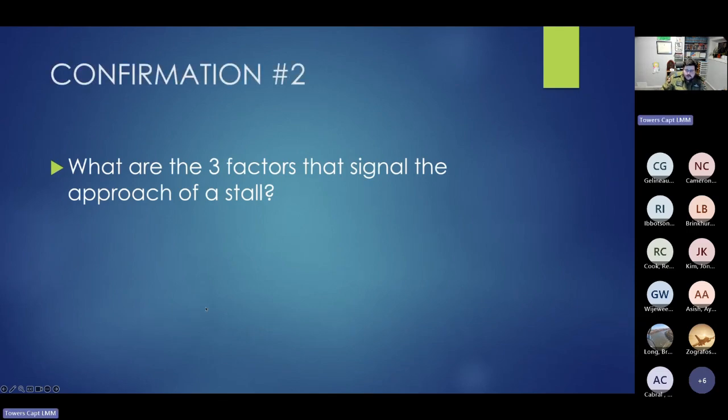What are the 3 factors that signal the approach of a stall? Let's go with Cadet Price. Nope, we don't hear anything.